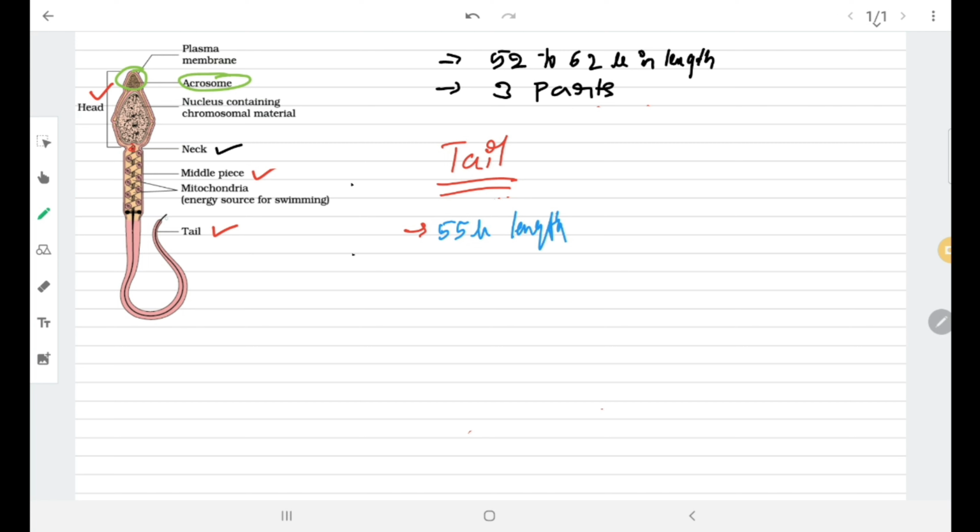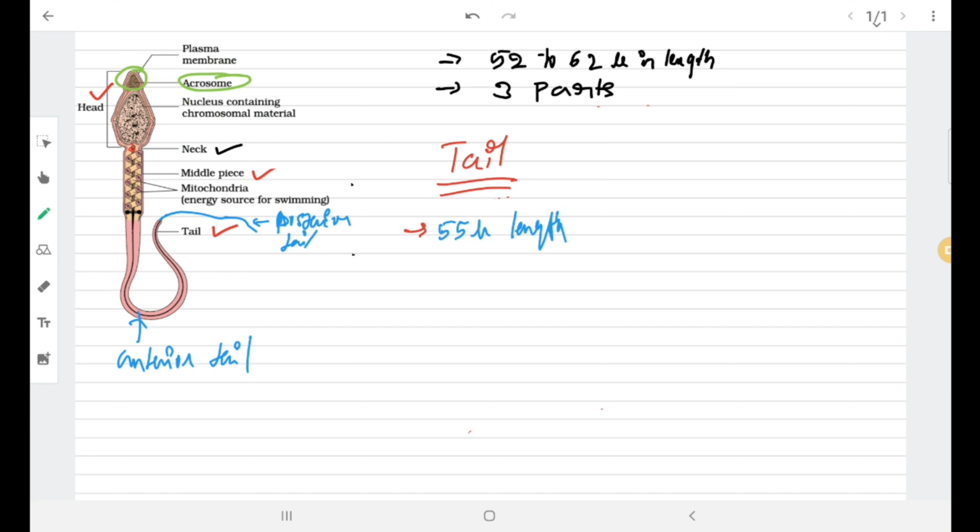Whatever is shown in the figure is slightly small, but it will be the lengthier one. This is known as the posterior tail, and this is termed the anterior tail. What is the difference between the posterior and anterior tail?